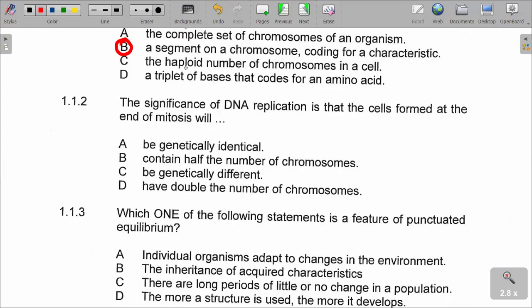So the answer that is important here is that at the end of mitosis, genetically identical cells are formed. Remember that DNA replication occurs during the S phase of interphase before mitosis begins, and it allows identical cells to be formed.